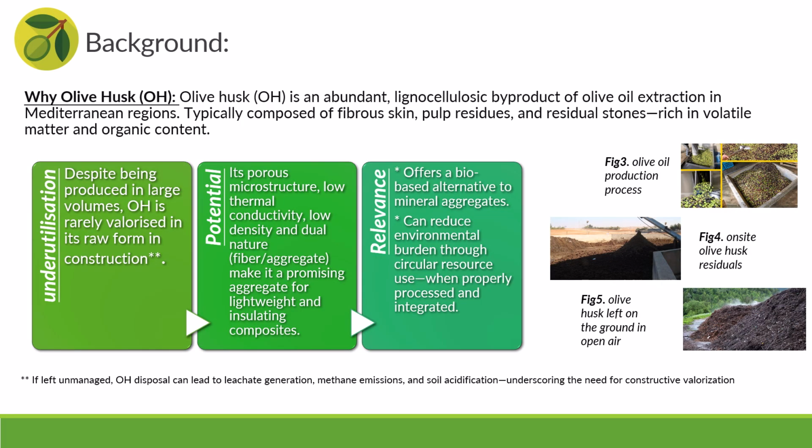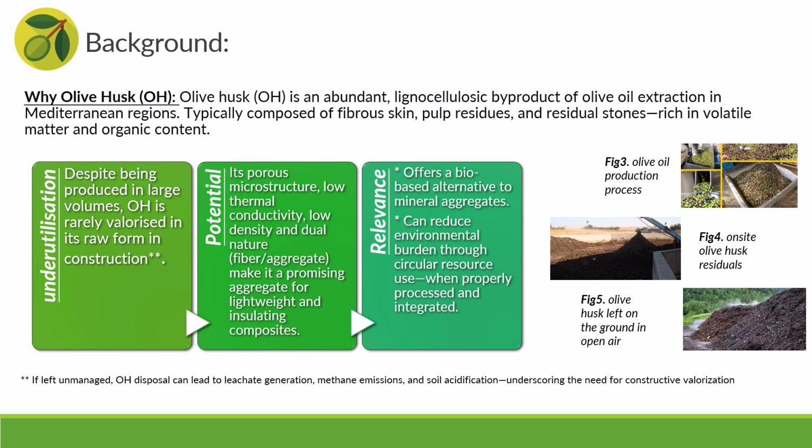Olive husk is a fibrous byproduct generated during olive oil extraction, especially in the Mediterranean countries where olive production is a cornerstone of agriculture. It consists mainly of fibrous skin, pulp, residues, and a small fragment of olive stones.